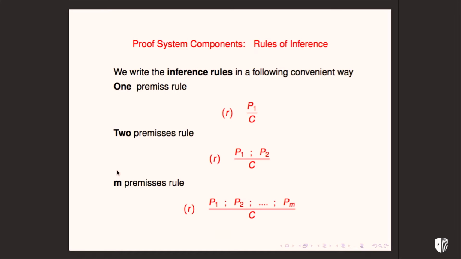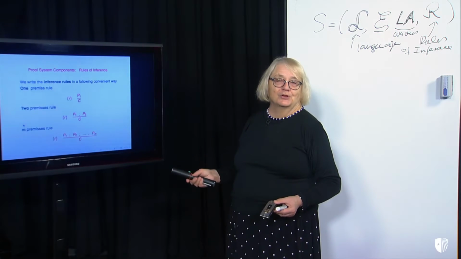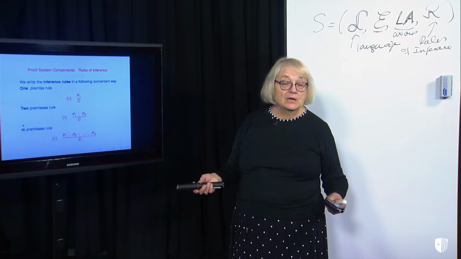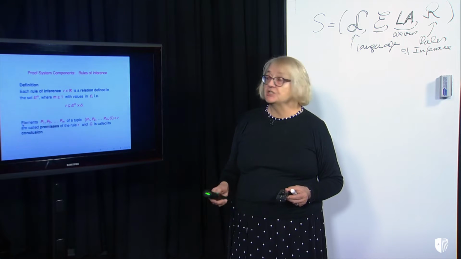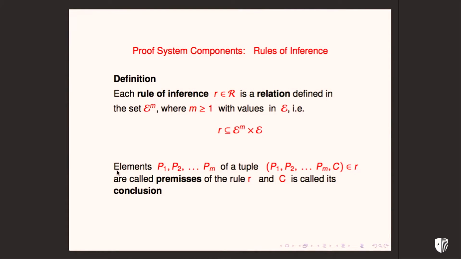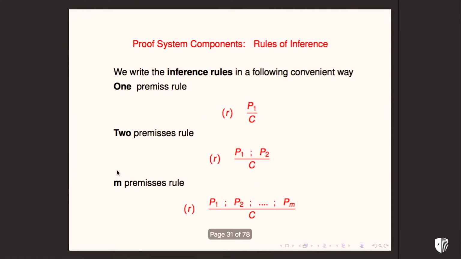And here we write those rules not in a fancy way as a relation. It's important to say that rules are relations. They don't need to be functions. When you study rules of inference, you always think about them as a function: it takes, for example, two premises and returns a conclusion. If for two premises there's only one conclusion, it is a function.